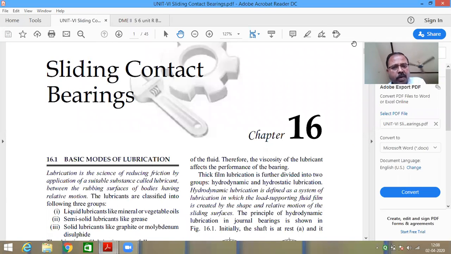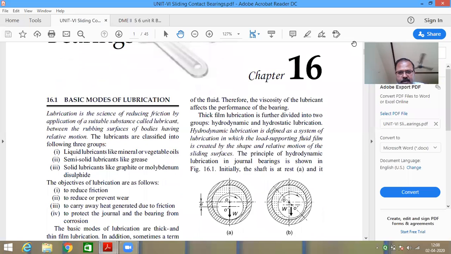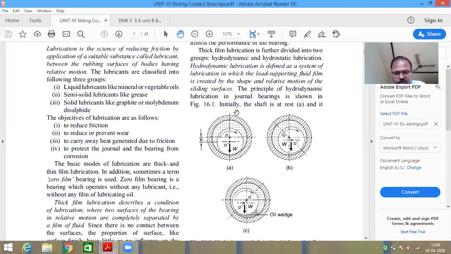Now, the most important part in sliding contact bearings is the lubrication. In order to avoid metal-to-metal contact between the shaft and the bearing, here you can see the construction of a typical hydrodynamic journal bearing, right? The inner portion, what you see, is called as the journal.